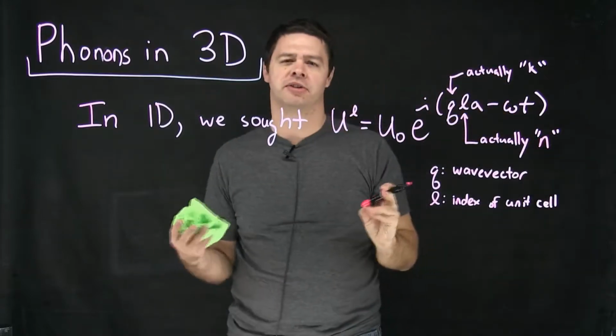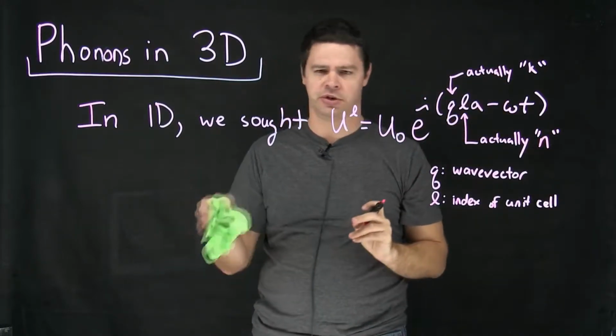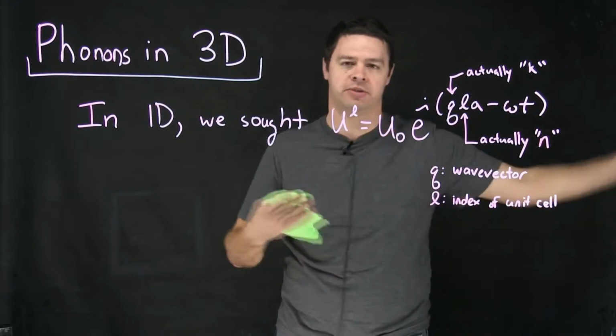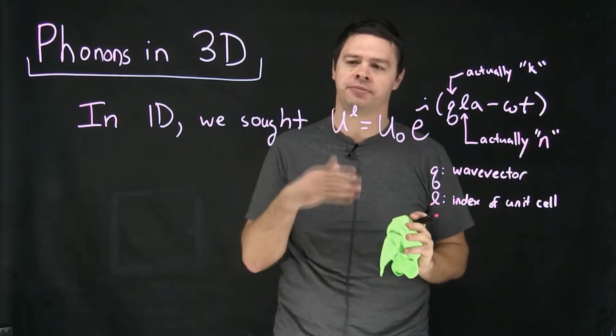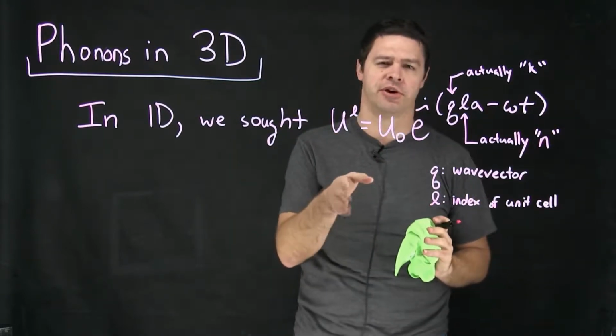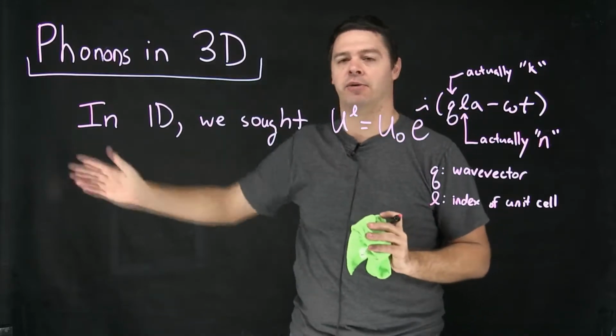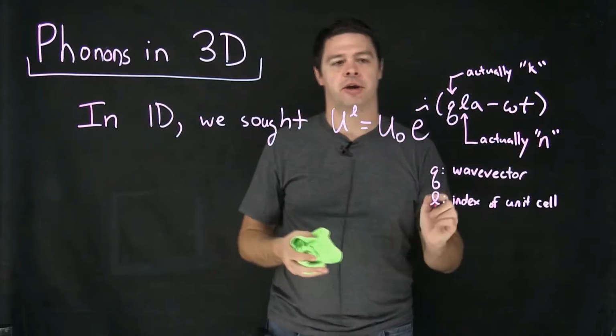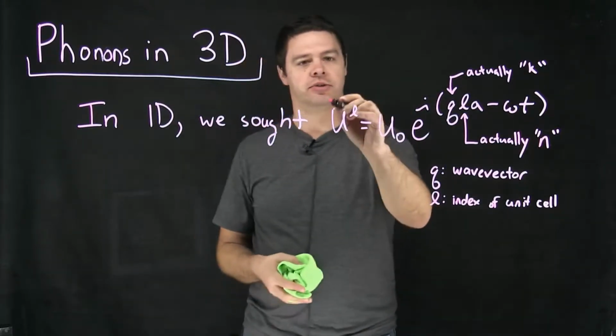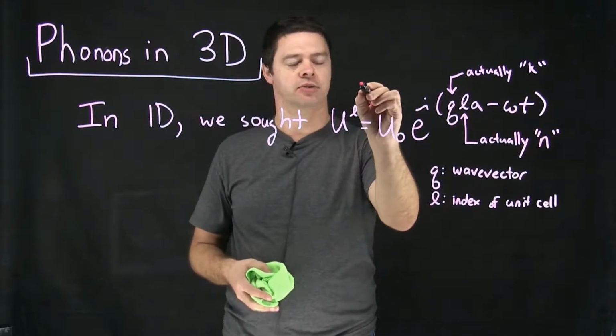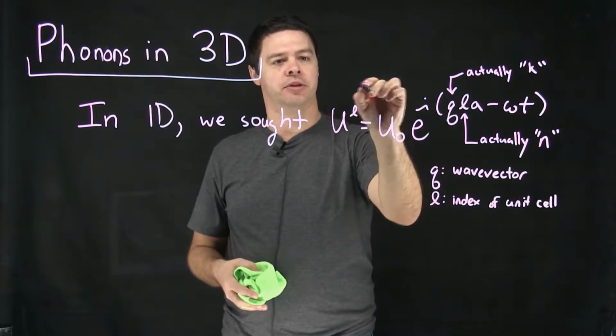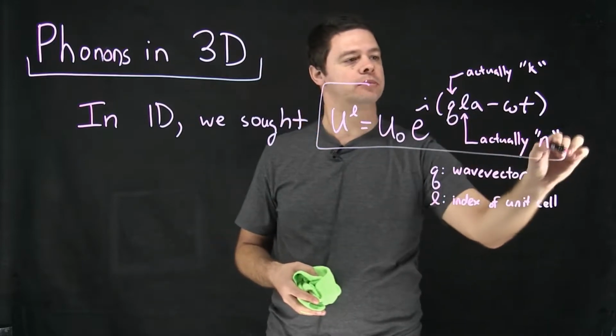So previously n ran from 0, 1, 2, 3, 4, 5, 6, 7 all the way up to infinity. And in fact, it doesn't have to start from 0. In principle, you could march it backwards too. But anyway, previously we sought solutions in this wave-like form.